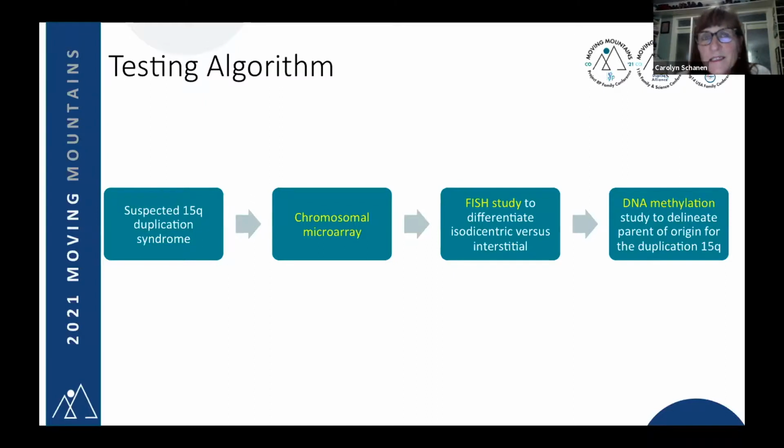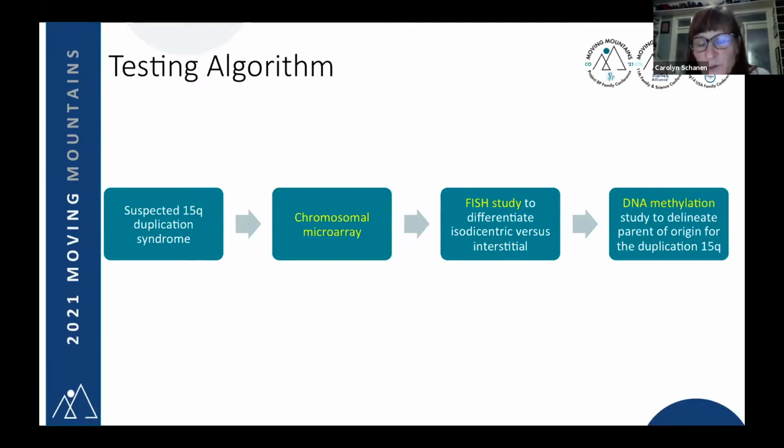Well, it depends in part on whether it's an isodicentric or an interstitial. Isodicentrics are almost all sporadic, but as I mentioned when I was talking to you earlier, we've had a couple of cases where the parent had a rearrangement that predisposed to the formation of the IDIC.